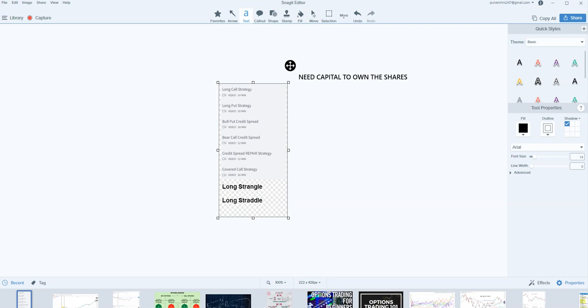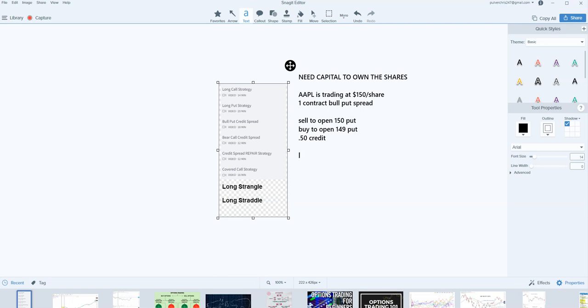So this is important. If Apple is trading at $150 per share and I take a one contract bull put spread, like we did in video 2, I did a sell to open 150 put and a buy to open 149 put, and I collected 50 cents credit on that.